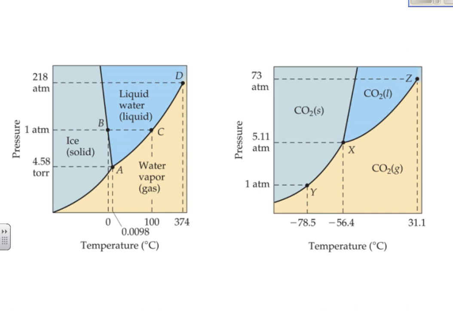If you look carefully, you can see that the phase change line from solid to liquid for those two are different. They're angled differently. In the water, that line angles back.